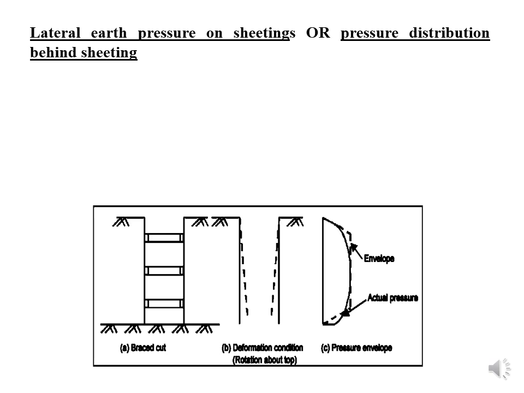What does it mean? You can see this diagram, the braced cut diagram. Whenever you are going to provide the sheeting along the face of the excavated wall, along with the struts, which are called braces, what is going to happen?